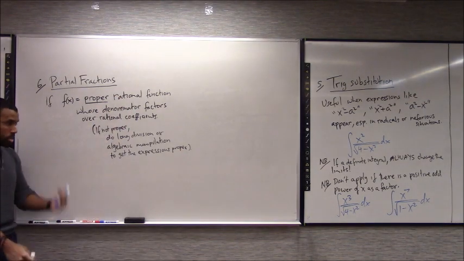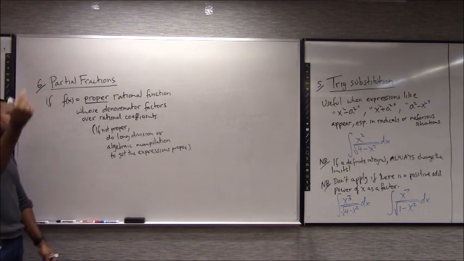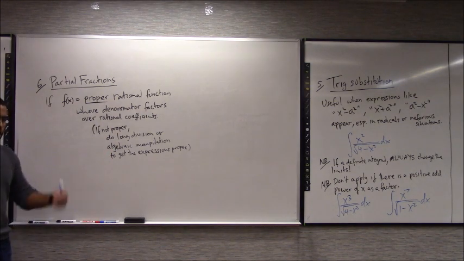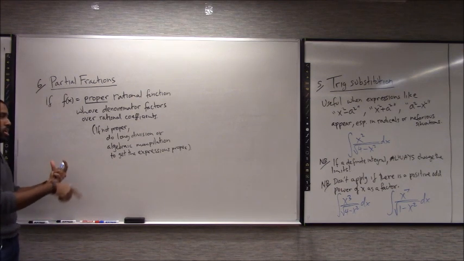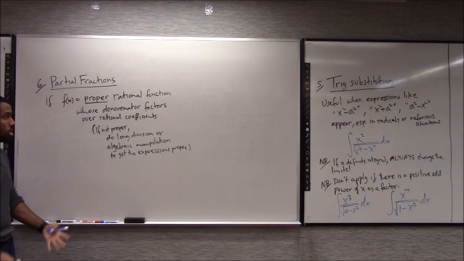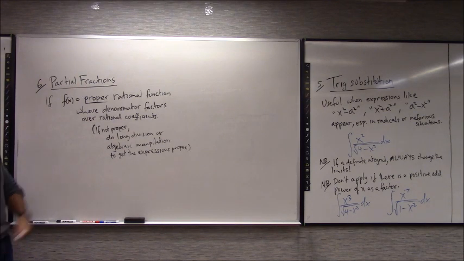Then you go through the process of partial fractions. You factor the denominator, you split it up into several fractions. The guy on top is 1 degree less than the guy on the bottom, in generic terms. If there's a repeated factor, you have to count up to the multiplicity of that factor, all that good stuff. I gave you the steps for partial fractions. So, if I'm in that situation, I would actually just do a partial fraction.